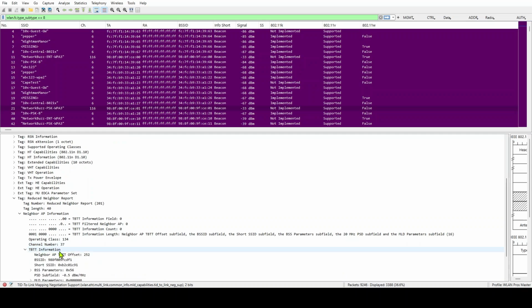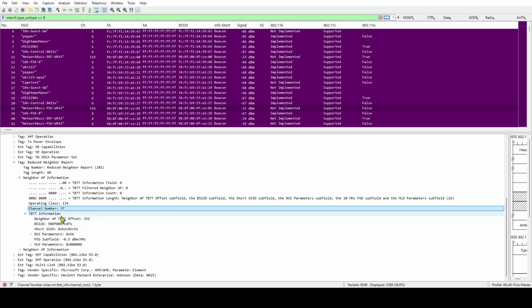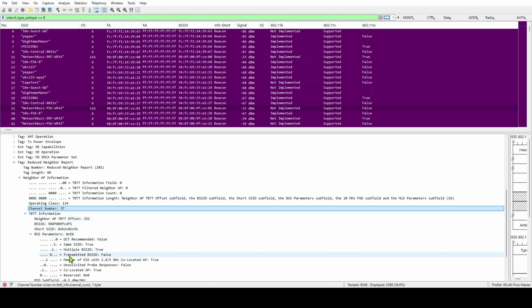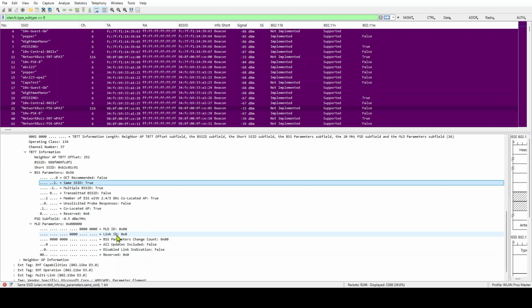If we look at this TBTT information, this is saying that we've got a channel number 37. This is our 6 gigahertz link, and that is also represented by the same SSID here. It is a multiple BSSID and link ID 0.